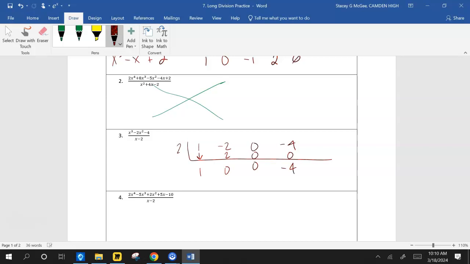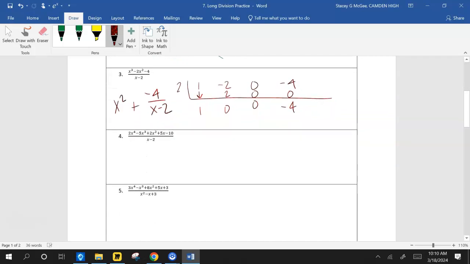What in the world does that mean? A remainder of -4. So what happens when I divide this? Is it plus? There you go. See how much quicker this is already going than the long division?